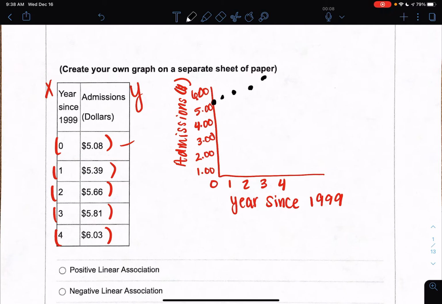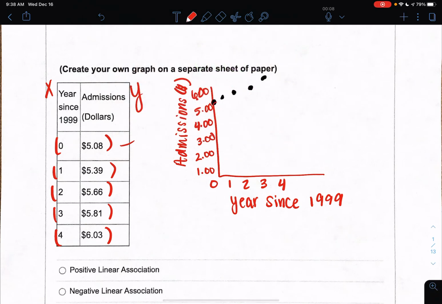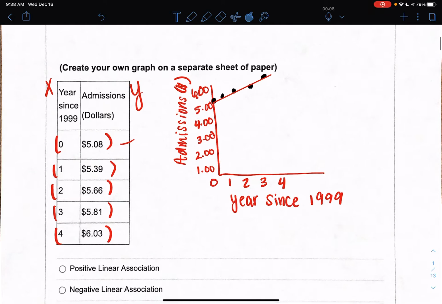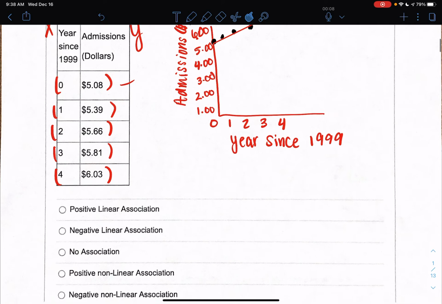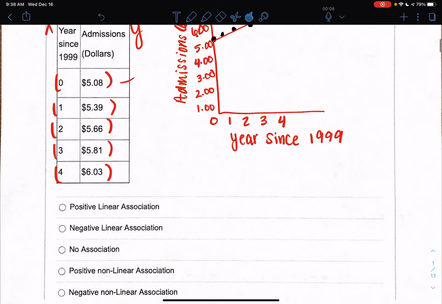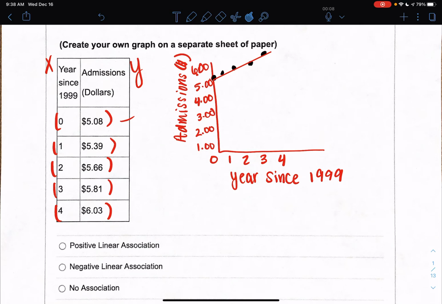Okay, so now I see that I have my points plotted, and if I were to draw a best line of fit starting from my y-intercept, I am going to see what type of association it has. When we are talking about association, we're talking about linear, nonlinear, positive, and negative, okay? Remember, when we are talking about linear with scatter plots, not all of my points have to be on that line.